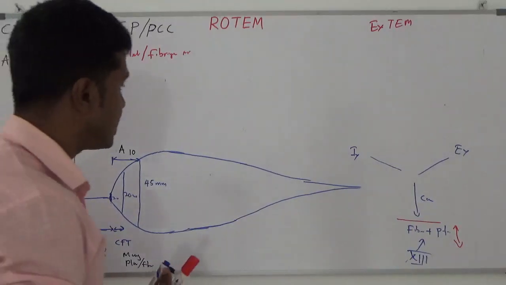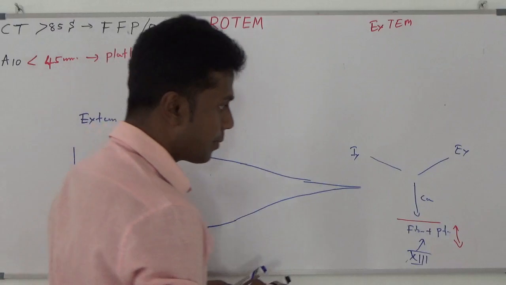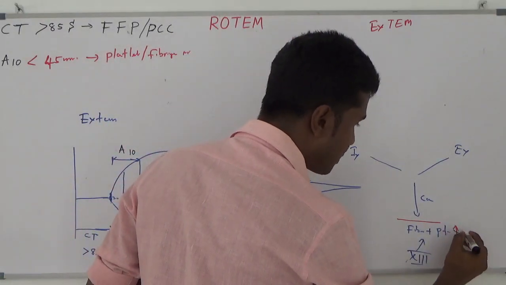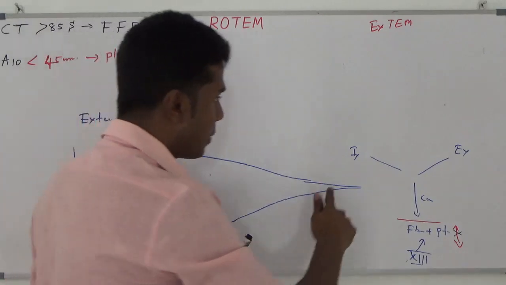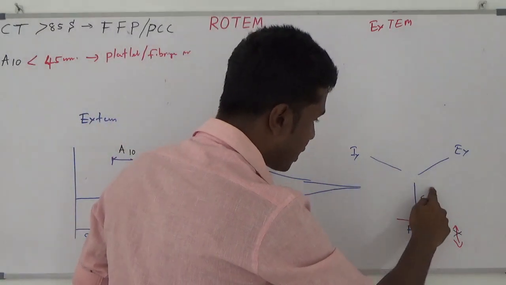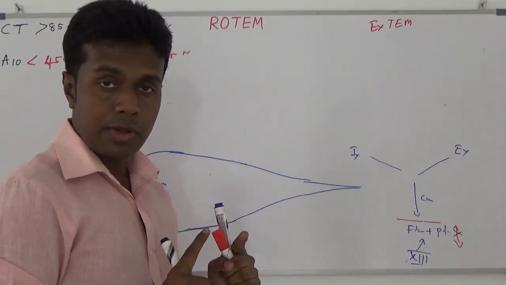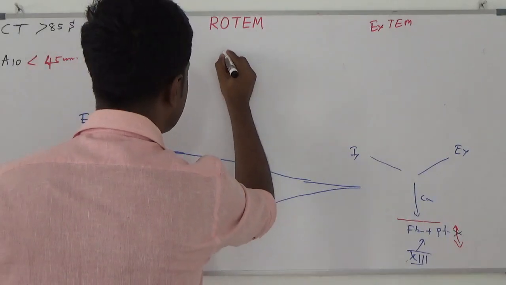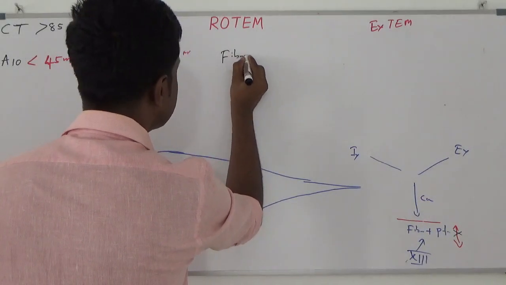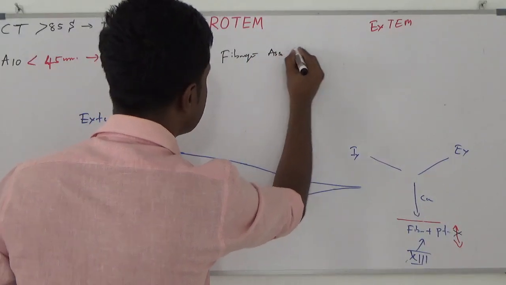What I am going to do is, for my patient, neutralize the platelet function. Then I am going to assess the extrinsic pathway stimulated fibrin action. For that, I am going to put fibrinogen assessment ROTEM.